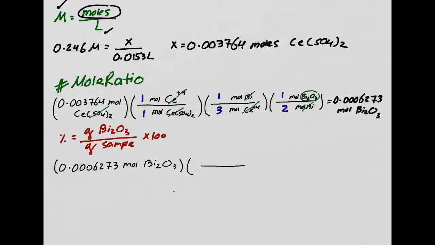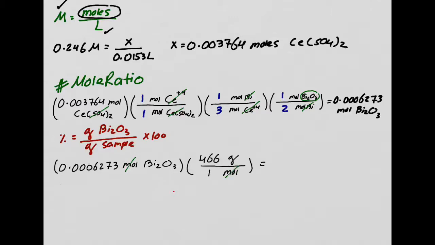I don't want the moles. It's going to go down here. What I want is grams. It's going to go on top. If you look at the periodic table, calculate that. 1 mole of bismuth oxide is 466 grams. So now the moles can cancel out and I can end up with the grams that I want.